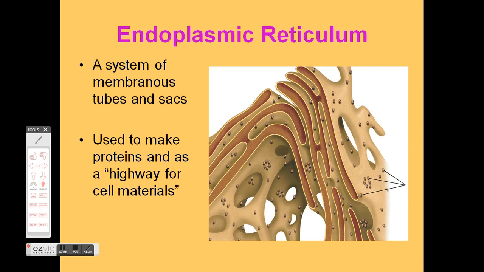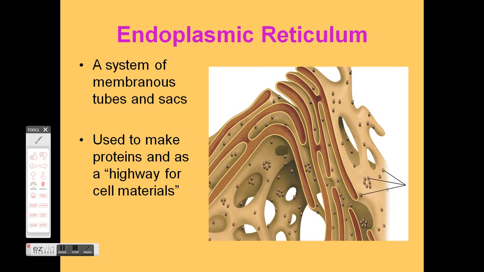Speaking of the endoplasmic reticulum, here is a good photograph, or depiction, of the rough endoplasmic reticulum. You can see those little dots on the outside of the rough ER.